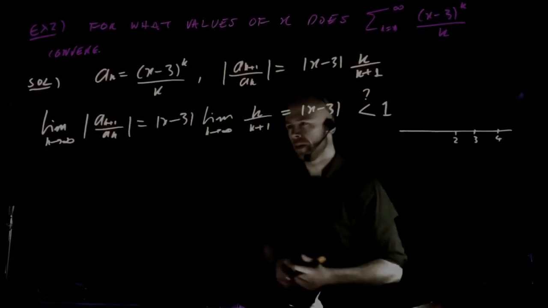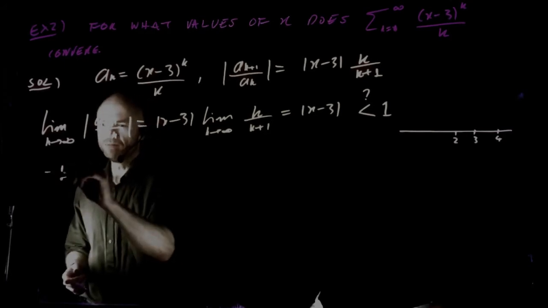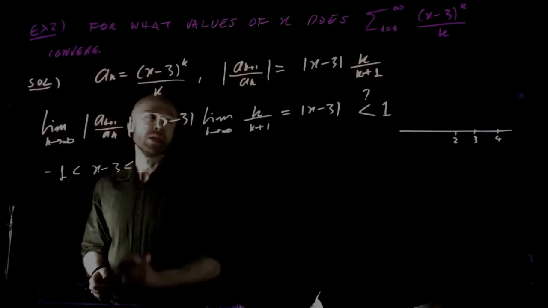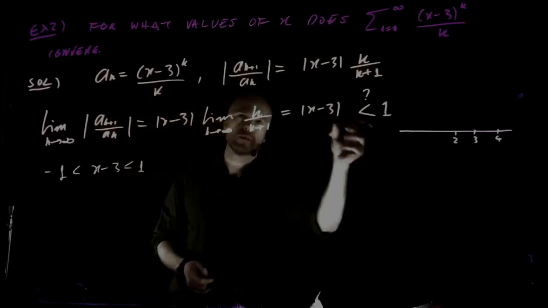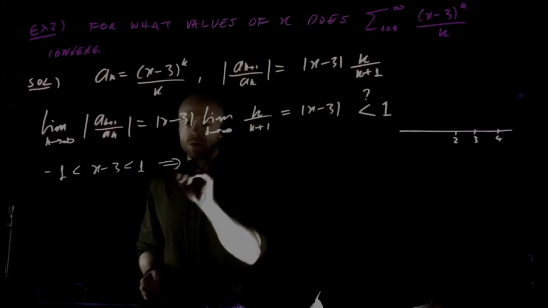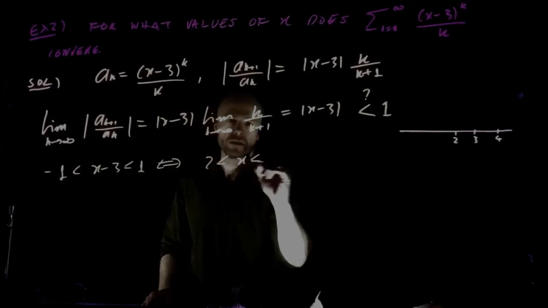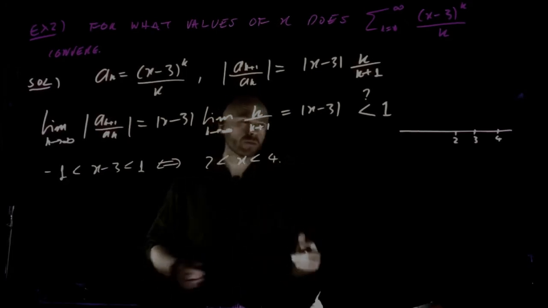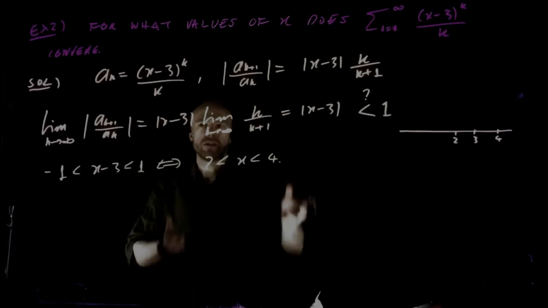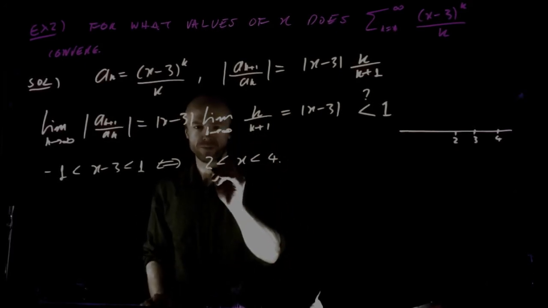Because if we unwrap this, what does it mean? It means minus 1 is less than x minus 3, which is less than 1, that's the meaning of the absolute value of x minus 3 being less than 1. Let's add 3 to both sides. So that's equivalent to 2 is less than x is less than 4. Okay, cool. So by the ratio test, this will definitely converge for every single x strictly between 2 and 4.